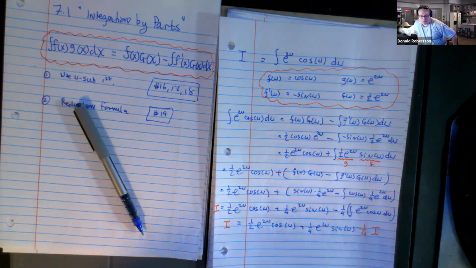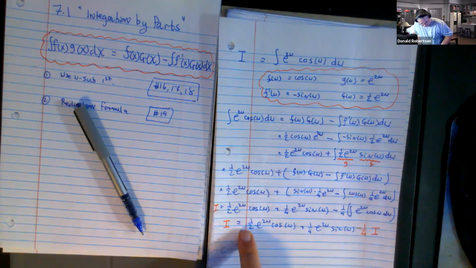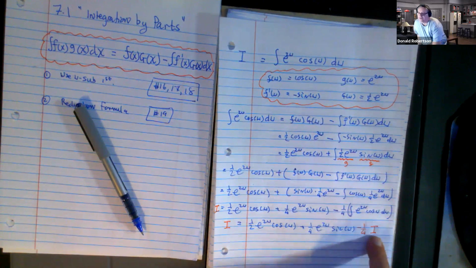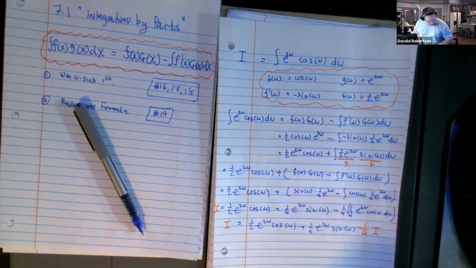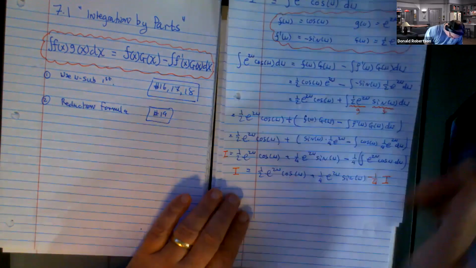Now, this is not like any typical integration by parts. We did it twice, and we found that the integral you started with was this ugly mess, take away 1/4 the integral you started with. Any ideas what's going to happen next? Because we're two lines off the answer.